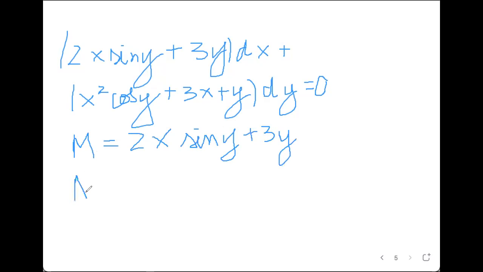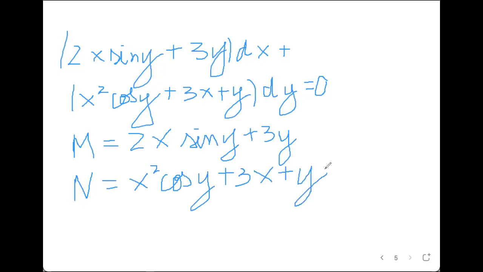And N is x squared cosine y plus 3x. So now, what is partial M over partial y? 2x cosine y.